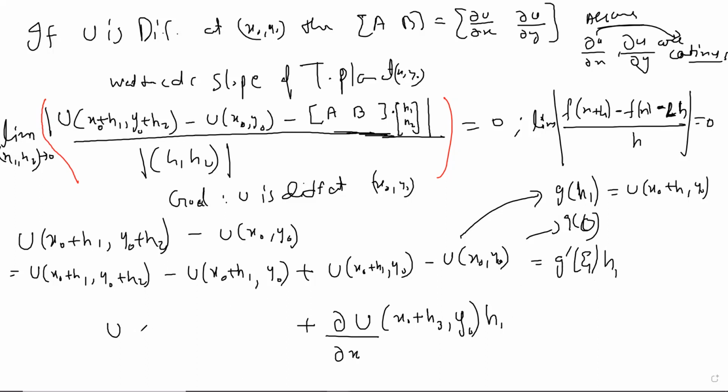Now for this one also you can do the same thing, but here x naught is not x naught, it is x naught plus h, and that will become y naught plus h3, and h2 is the difference, the derivative with respect to y. Okay, you guys are fine with this, right?